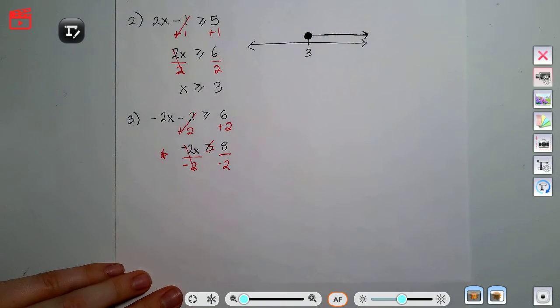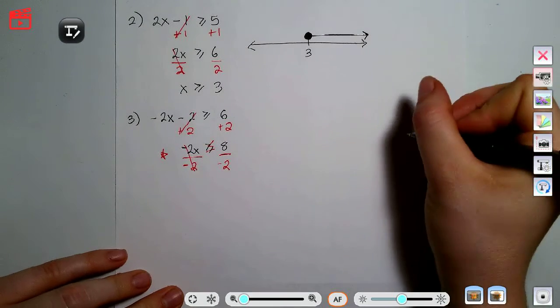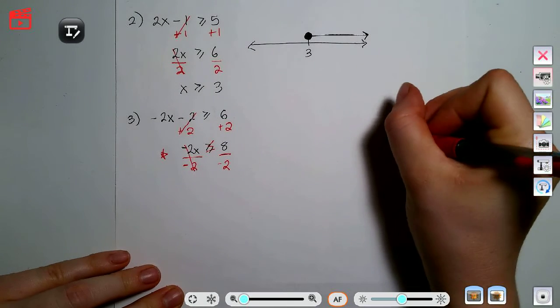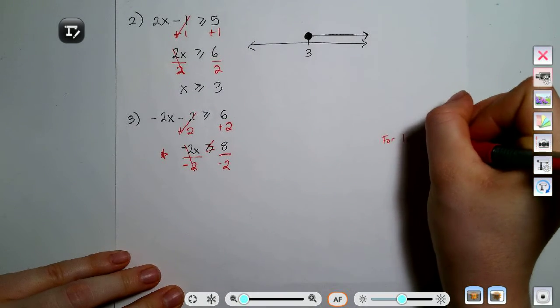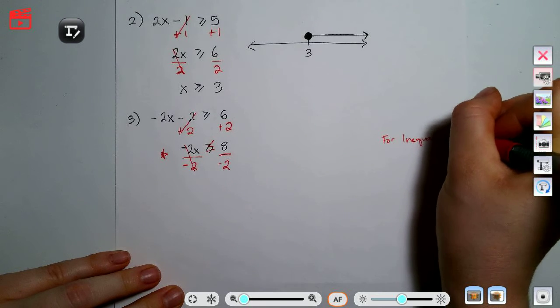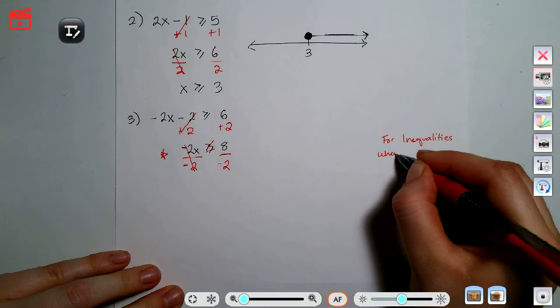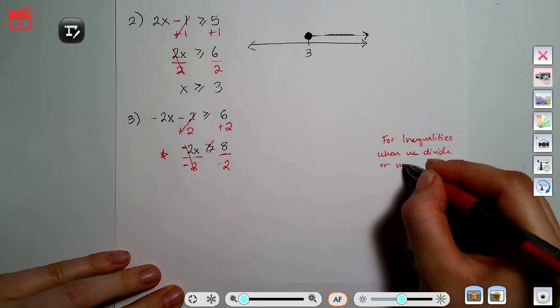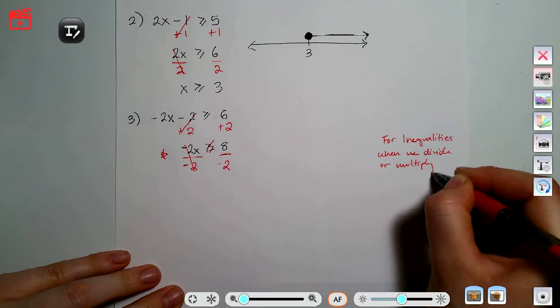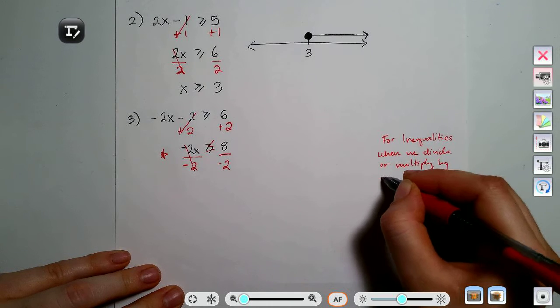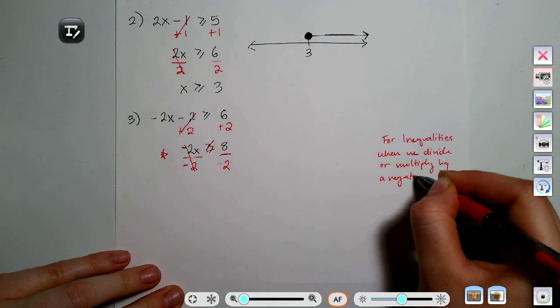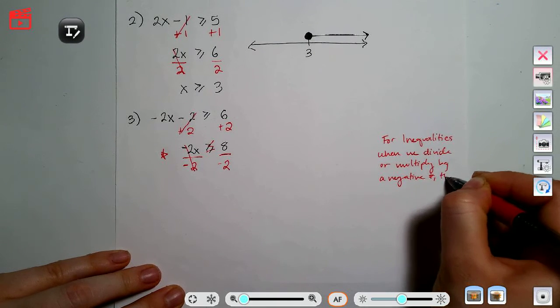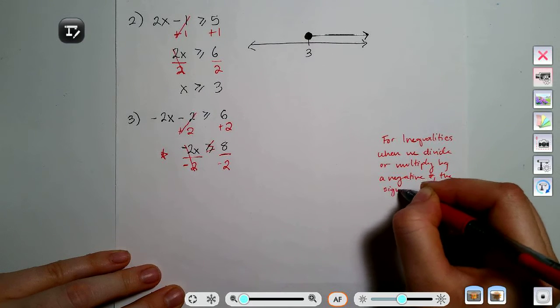So that's the main difference. When we divide or multiply by a negative, our sign flips. So let me write that down. For inequalities, when we divide or multiply by a negative number, the sign flips.